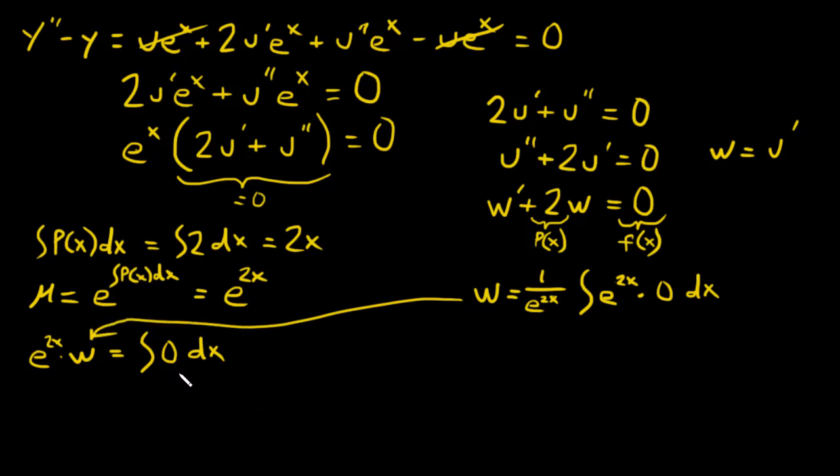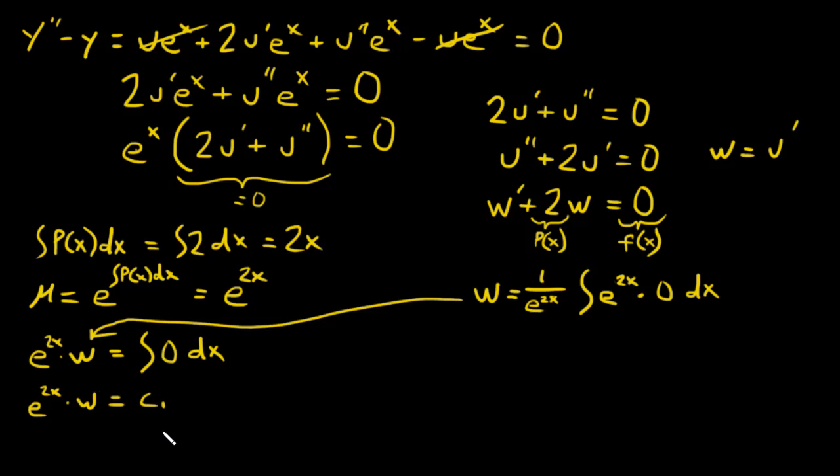Now, what did I differentiate to get 0? That means this has to be a constant. So I can now say that e to the 2x times w is equal to c1.